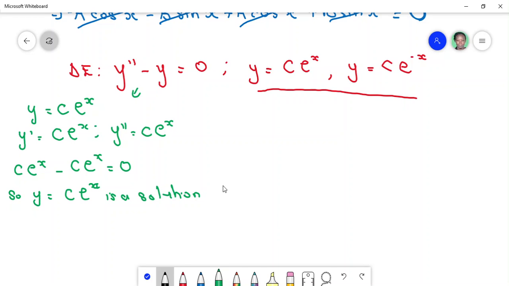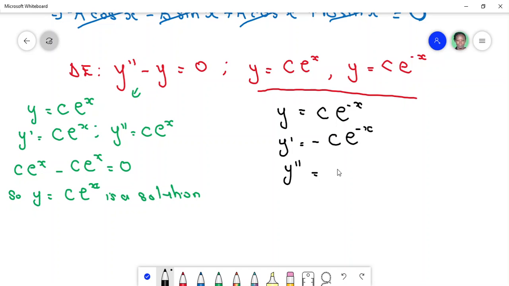If I take the second part where I have y equal to c e raised to the power minus x, let's find the first derivative. If you differentiate negative x here, you have minus 1, so I have minus c e raised to the power minus x. Let's do it for the second time, y prime prime. Because this is negative, I multiply to get a positive, so I have c e raised to the power minus x.